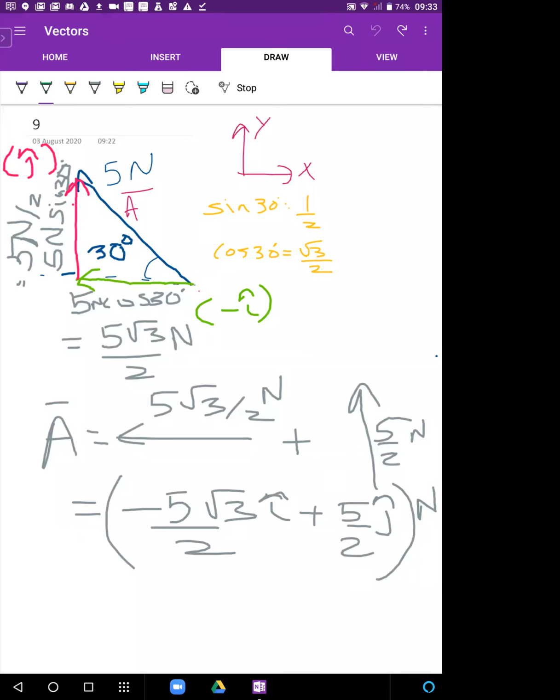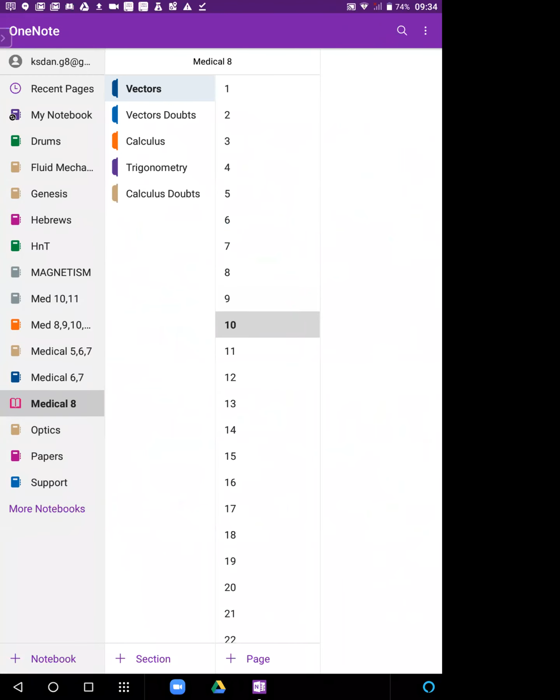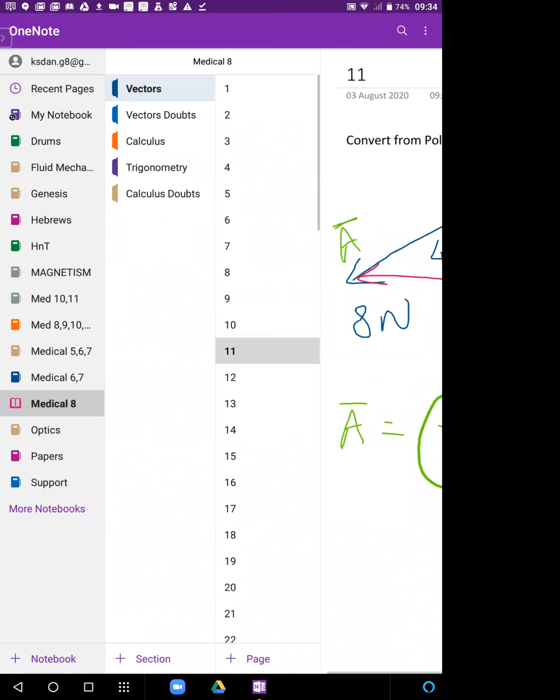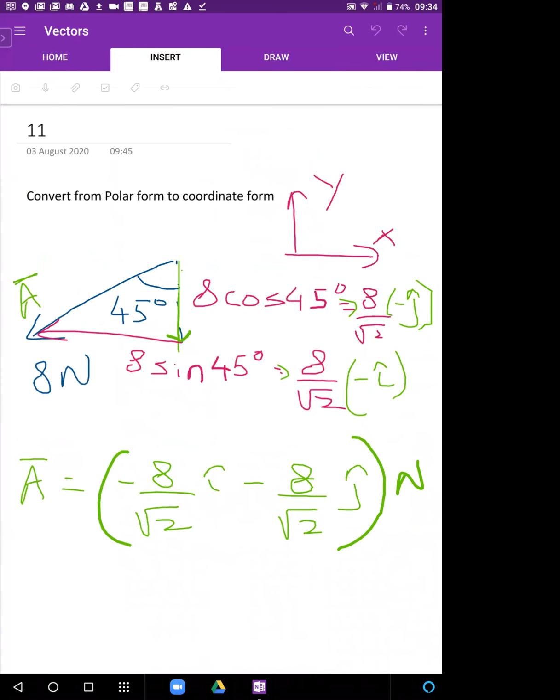Any doubts in this? Okay, cool. So we'll stop here.